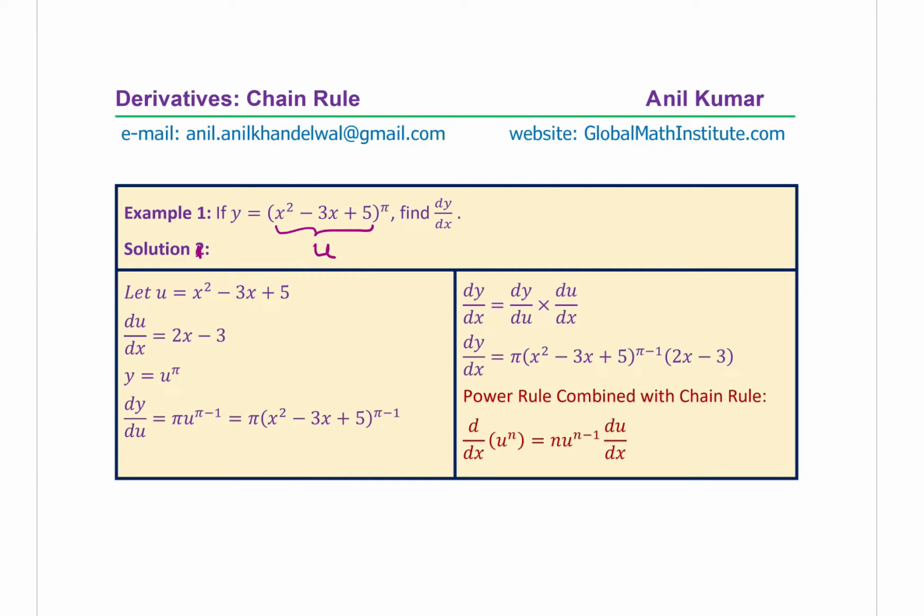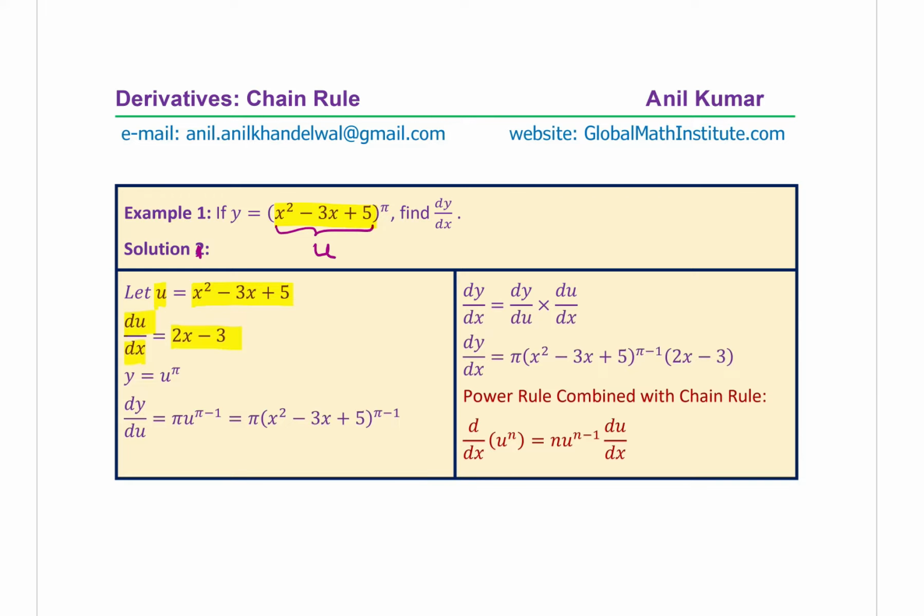So let u equal x squared minus 3x plus 5. Now once we define this inside function as u, you can find the derivative of u with respect to x. So you get 2x minus 3, right? So that is du dx.